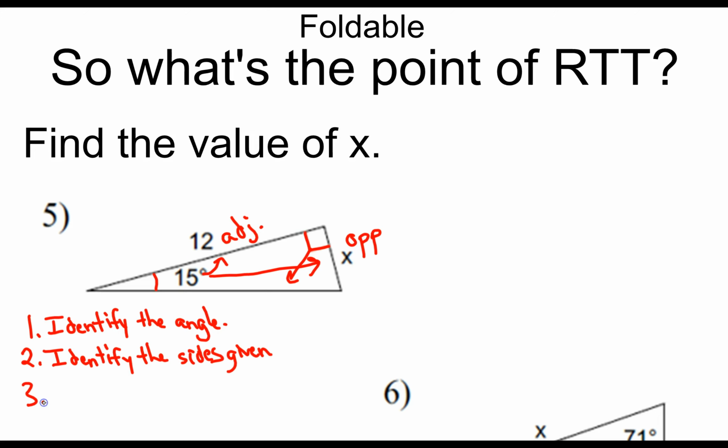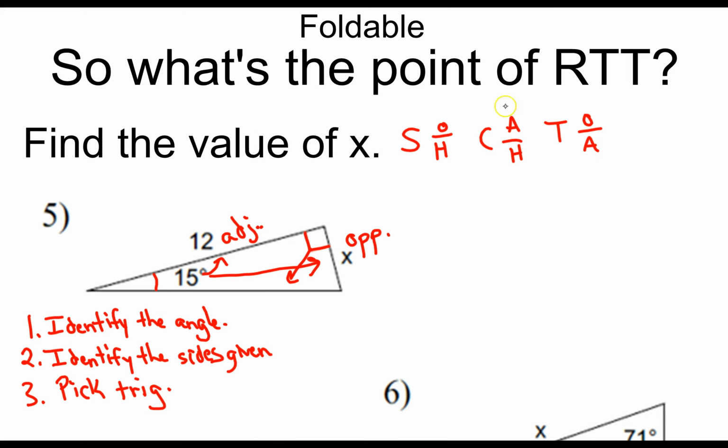And then finally, step 3 is going to be pick the trig function that we want to use. Now, you're thinking, well, how am I going to pick a trig function? Well, if I look at the sides that I've identified, I'm given an opposite and an adjacent. So I'm going to jump back up, and I'm going to look at SOHCAHTOA. Remember, SOHCAHTOA.